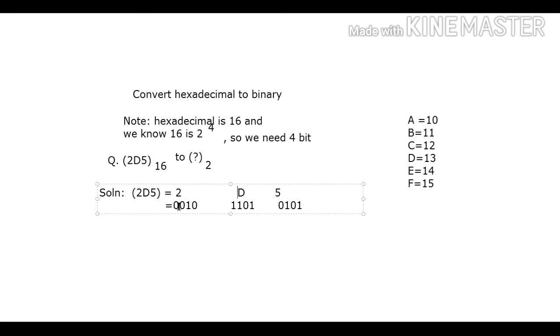Okay. Now every digit of 2d5 we have converted to a binary number and we have made it 4 bits. Now we have to write these numbers together to get the final answer in binary form.